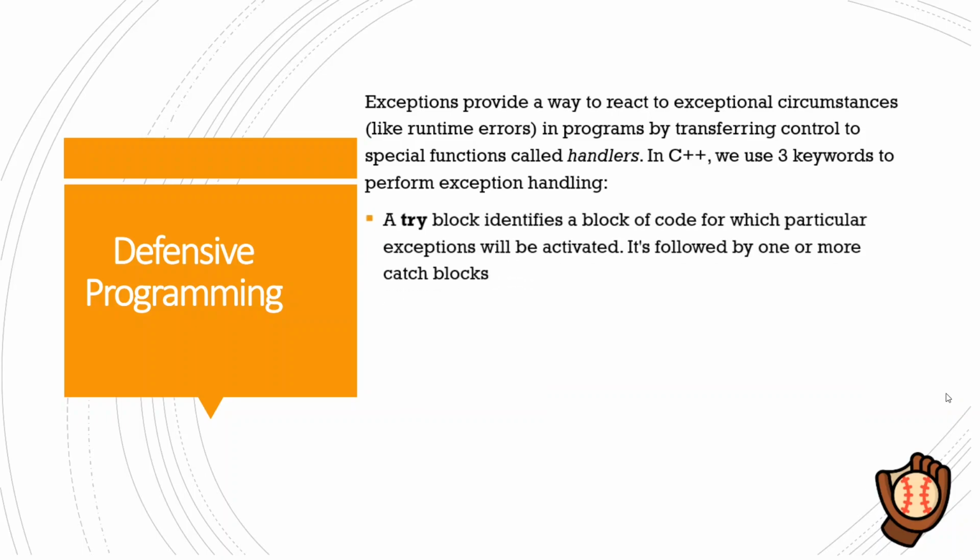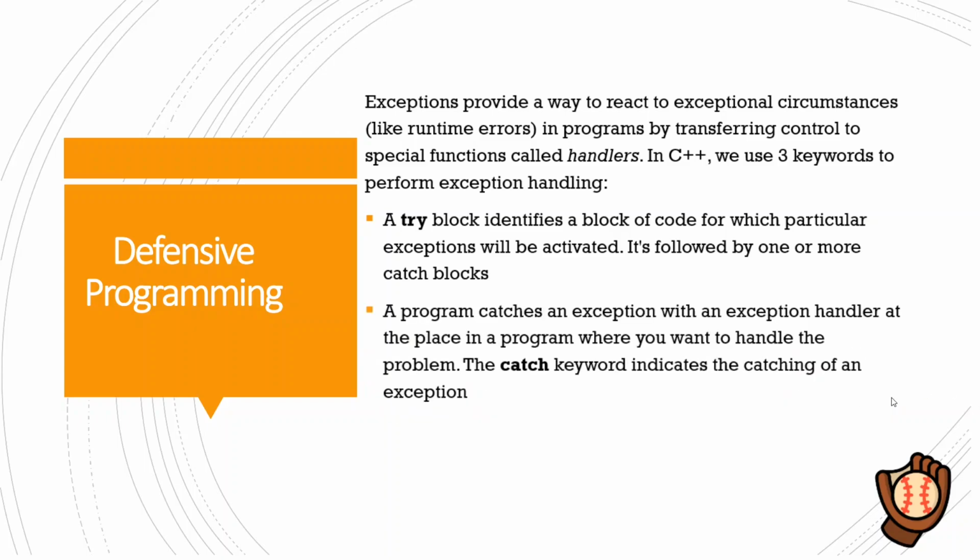So the try block identifies a block of code for which a particular exception will be activated. And it is followed by 1 or more catch blocks. Now, the catch blocks specify to the program where you want to handle the problem. And as the keyword suggests, it's like catching an exception.